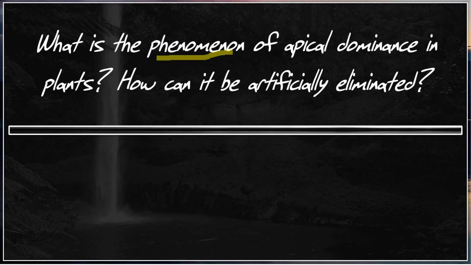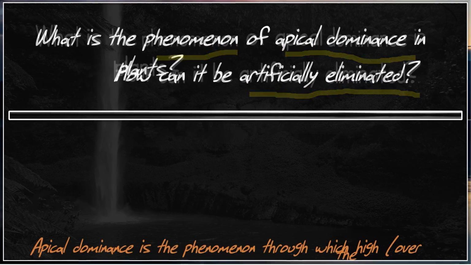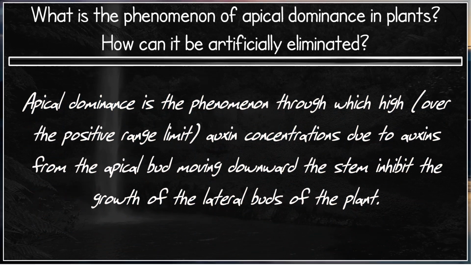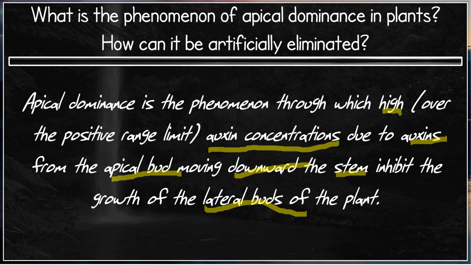What is the phenomenon of apical dominance in plants? How can it be artificially eliminated? Apical dominance is a phenomenon through which high auxin concentration, due to auxin formation in the apical bud moving downward the stem, inhibits the growth of the lateral buds of the plant.